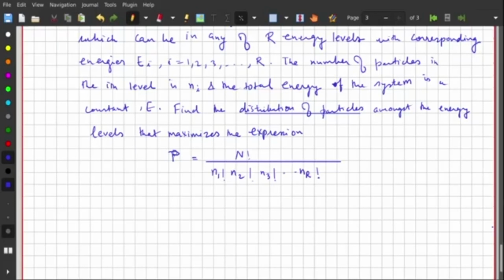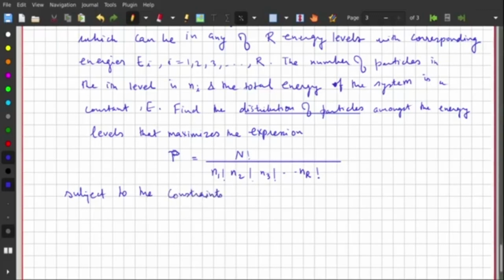So we want to pose this problem as an optimization problem. So we want to maximize this expression subject to the constraints.